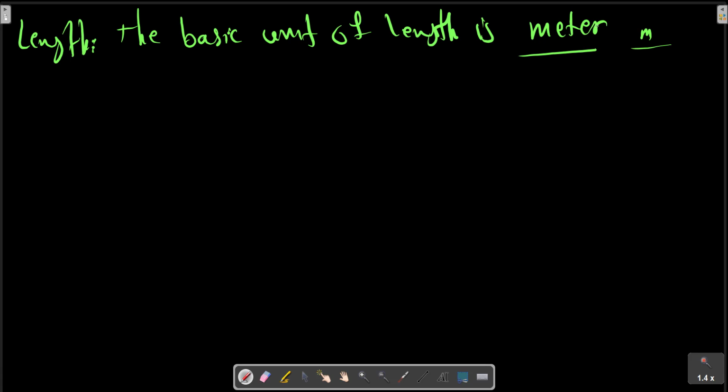For many years, the accepted standard was the International Prototype Meter, the distance between two marks on a platinum-iridium bar under certain prescribed conditions. This bar is maintained at the International Bureau of Weights and Measures in Sèvres, France.